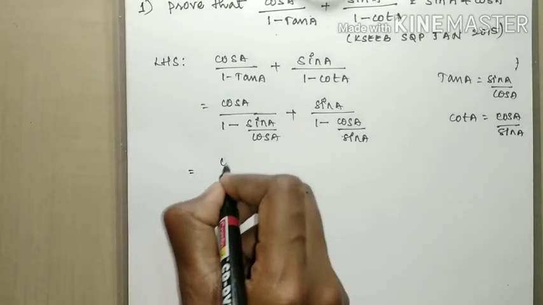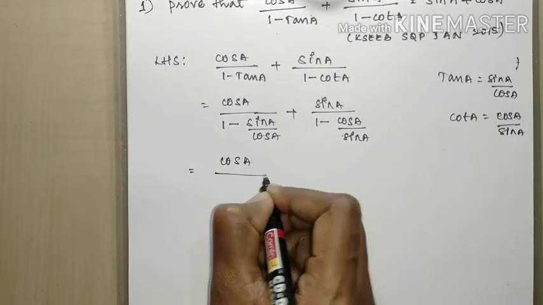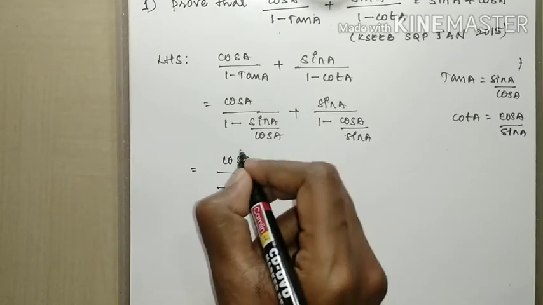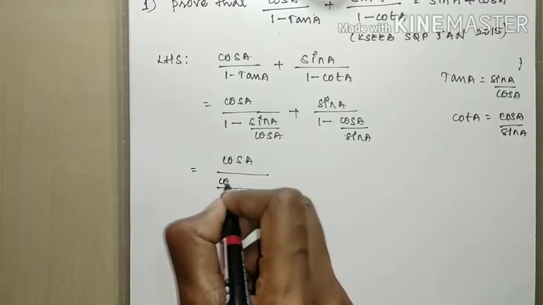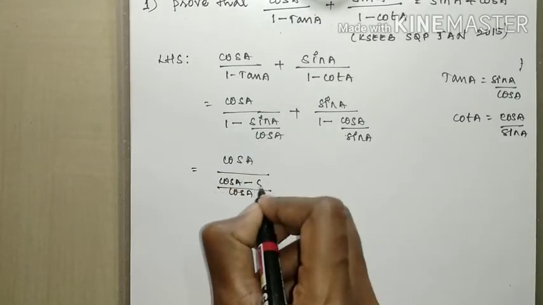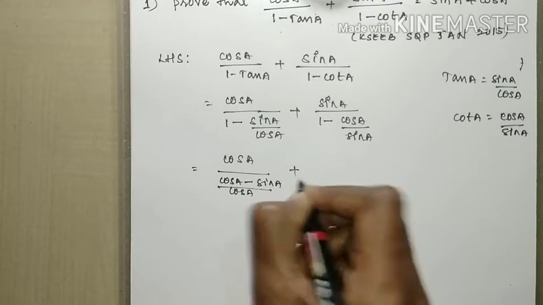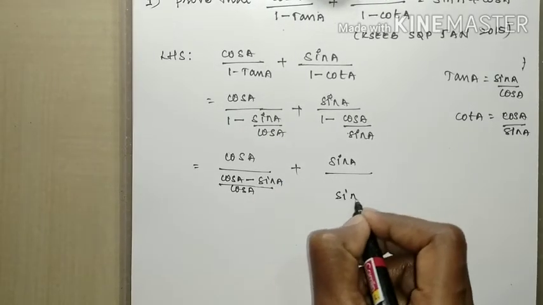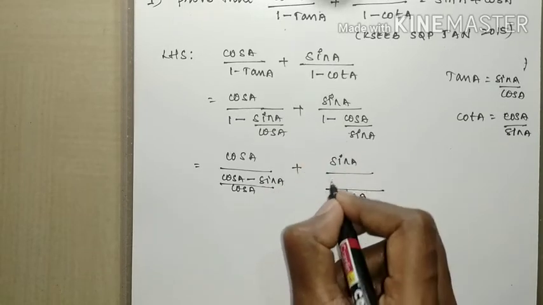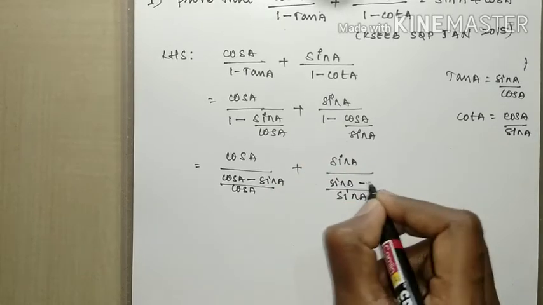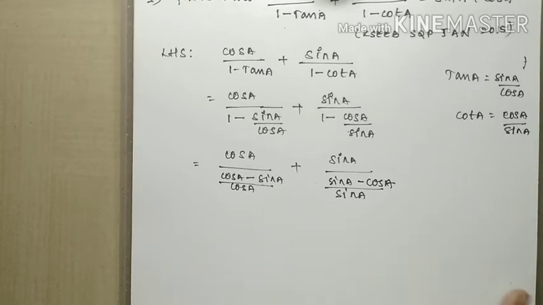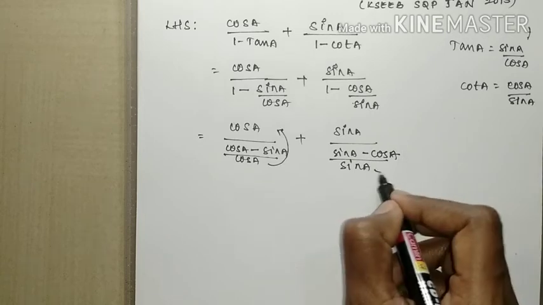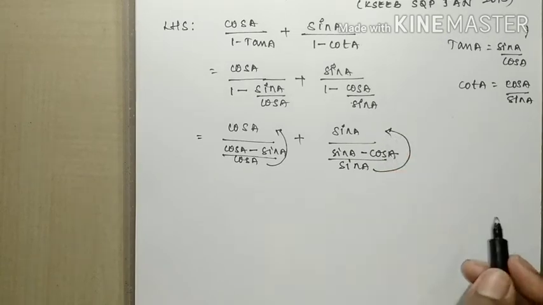Now cos A divided by, let me take the LCM for this denominator. Cos A is the LCM: cos A minus sin A. Plus sin A by, sin A is the LCM: sin A minus cos A. So now this cos A will go to the numerator and this sin A will go to the numerator.